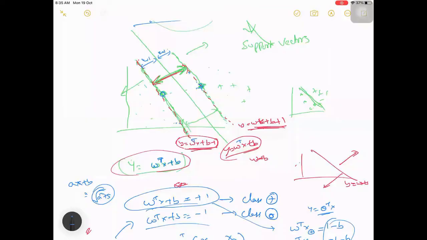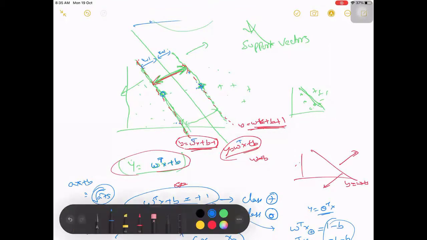What this line will do is, how we calculate this line is based on these two margins. After you have these two margins, this is the margin, this is the decision boundary, right?